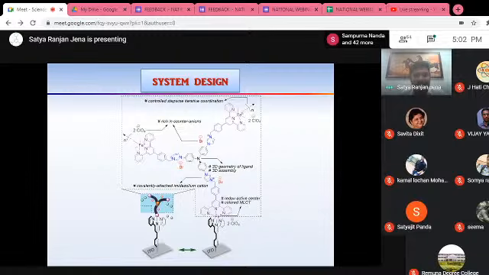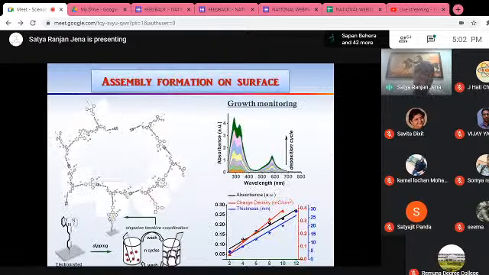Now you see, we have the terpyridine. In the next slide, we'll see we have the templated terpyridine. Then we dip it in the metal solution. The metal is iron perchlorate. So the iron is coordinated here, with two side solvent molecules attached.